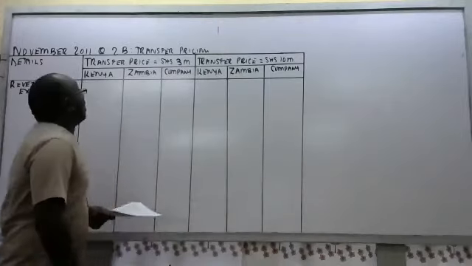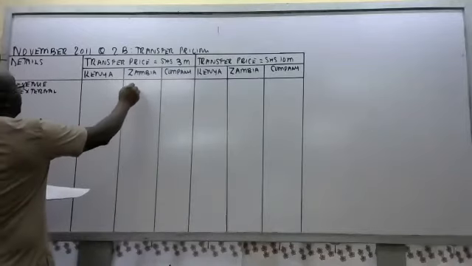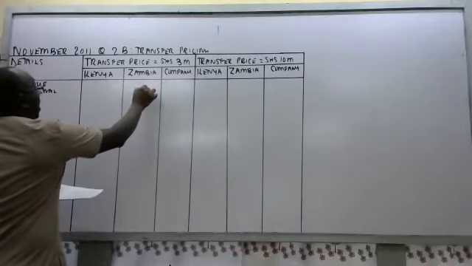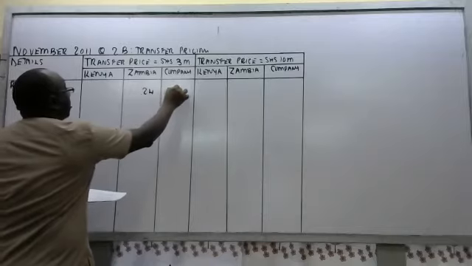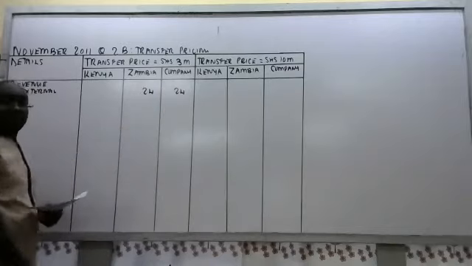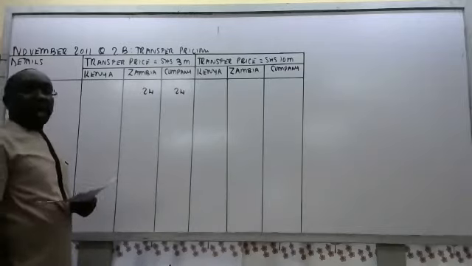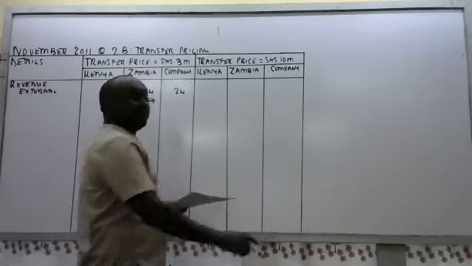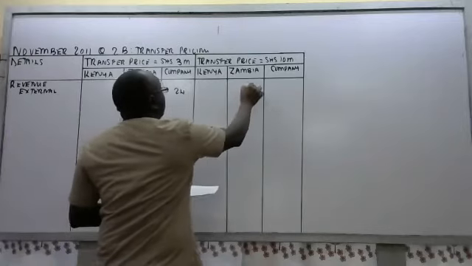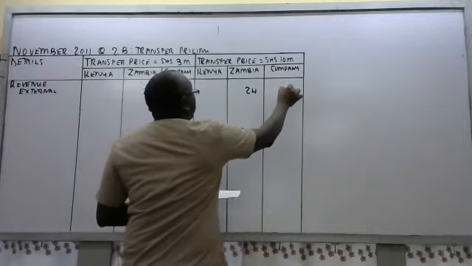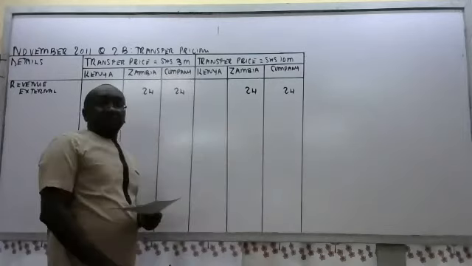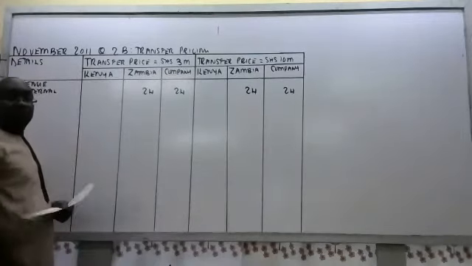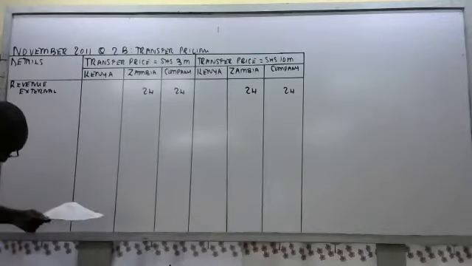That means Zambia is making 24 million here, and therefore the company will also make 24 million. And the same case will apply even on this side, 24 million and 24 million.